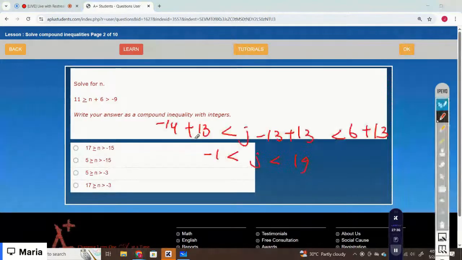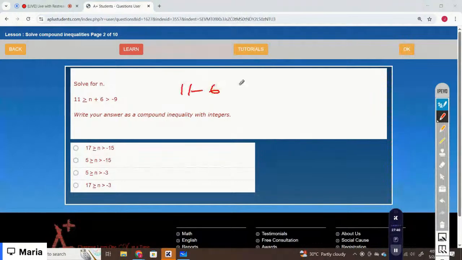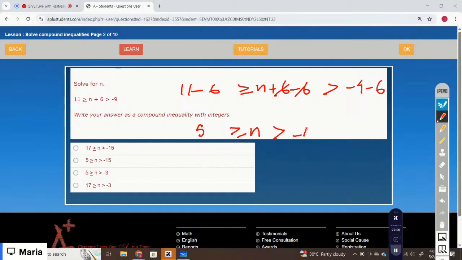Solve for n. 11 minus 6 is greater than or equal to n plus 6 minus 6 and -9 minus 6. 11 minus 6 is 5. 5 is greater than or equal to n greater than -15.